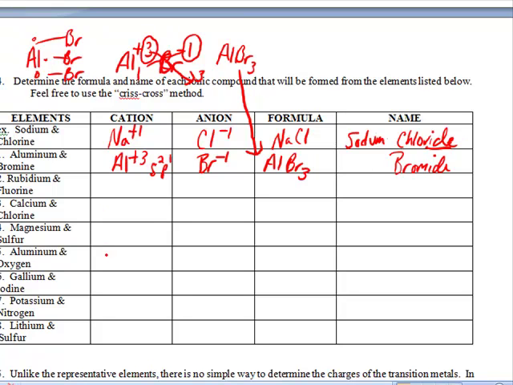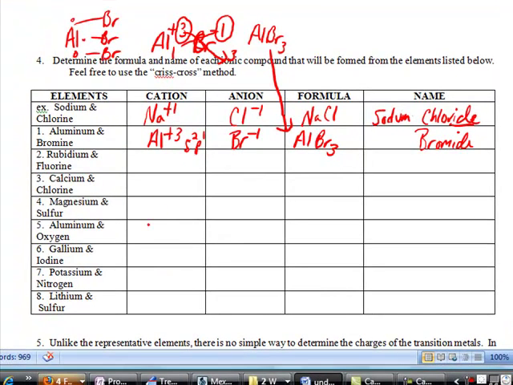Let's look at aluminum and oxygen. Here's aluminum with a +3 charge. Here's oxygen saying I can only take 2. So if aluminum tries to give all 3 to oxygen, that won't happen. Aluminum can give 2 of its electrons to oxygen, make oxygen happy, but then aluminum's not happy because it's still got 1 extra electron. So they're going to have to go back and forth and find a bunch of friends and settle it all out.